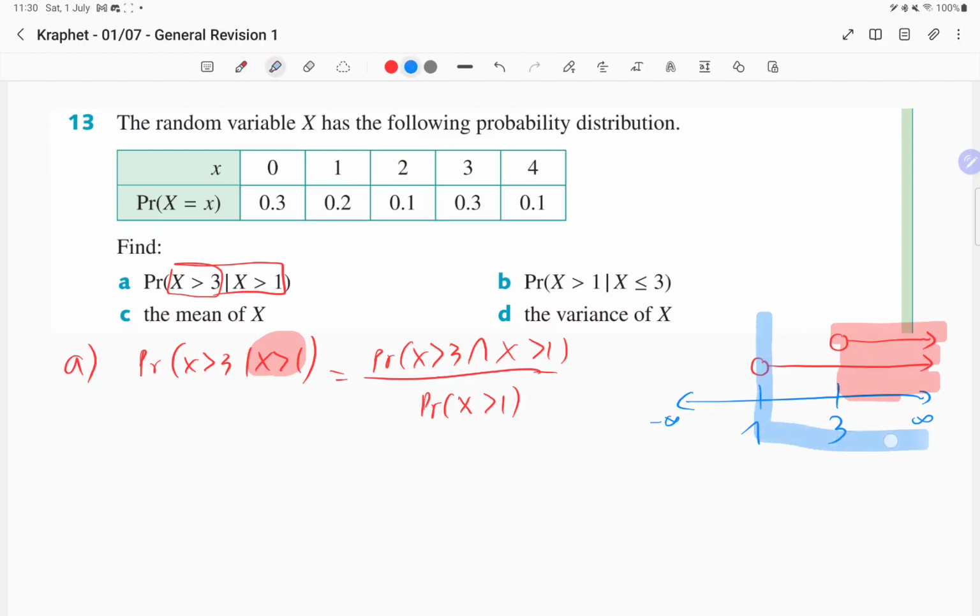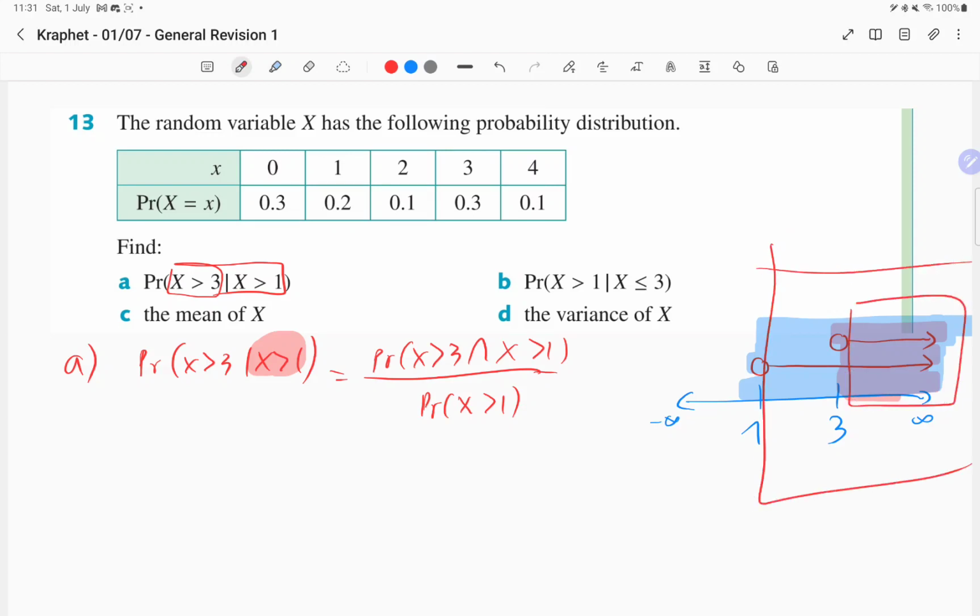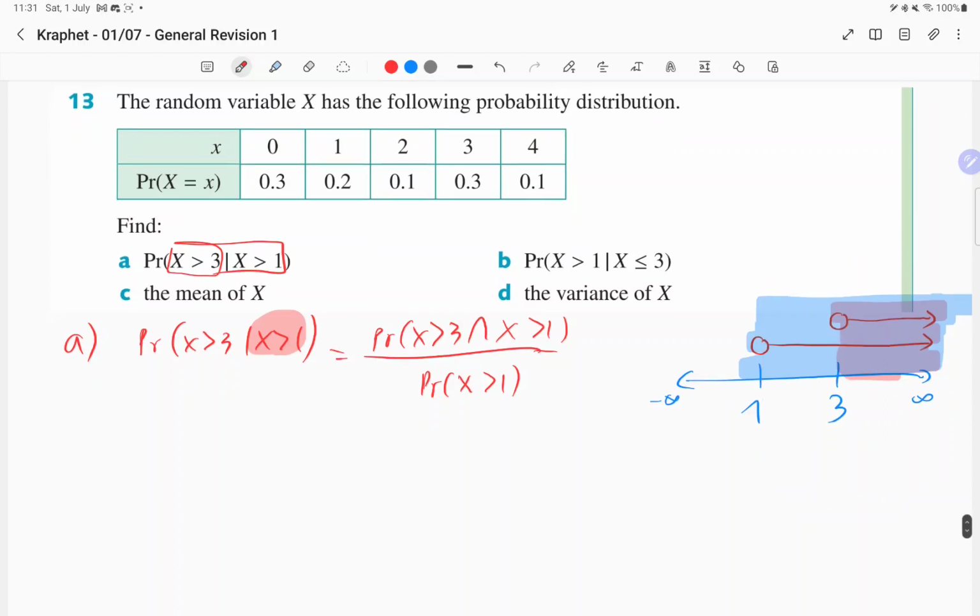The total probability is this entire section. If we were to highlight the red one compared to the total probability, you see how the red one is a smaller section of the total probability. That's what conditional probability means. They're restricting it to a smaller domain, and then they take an even smaller domain within that, and then you find the probability of that.